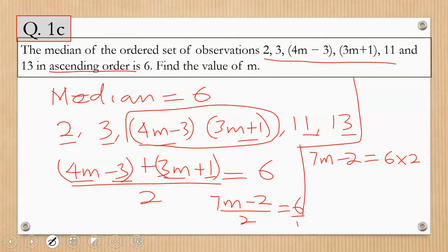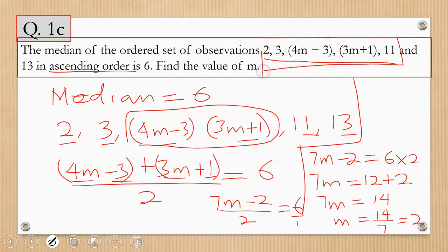When we simplify and group like terms, 7m is equal to 12 plus 2, so 7m is equal to 14. If I divide both sides by 7, then m is equal to 14 divided by 7, which is 2. So the value of m in this particular data set is 2.